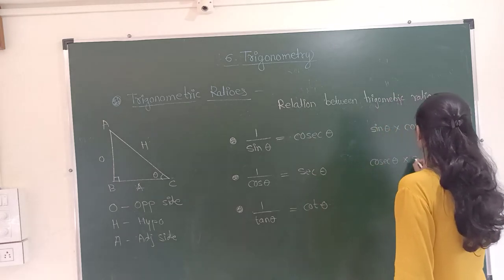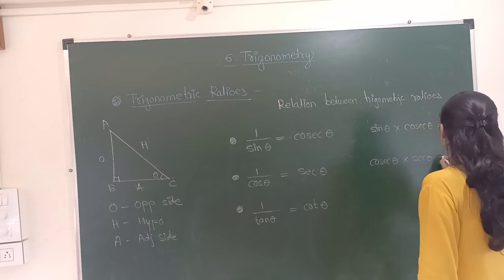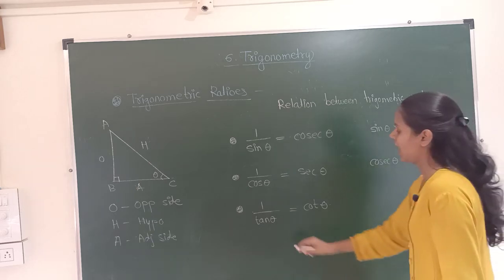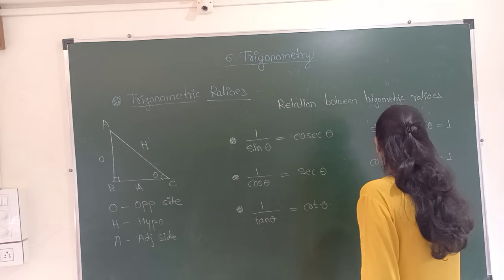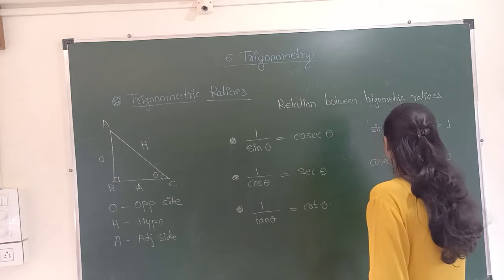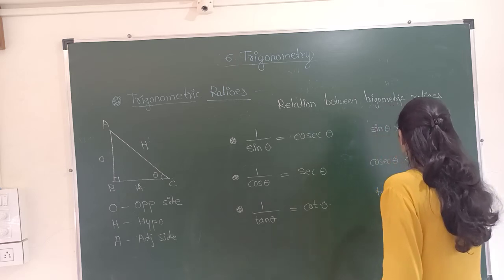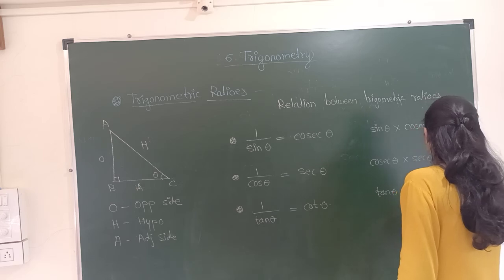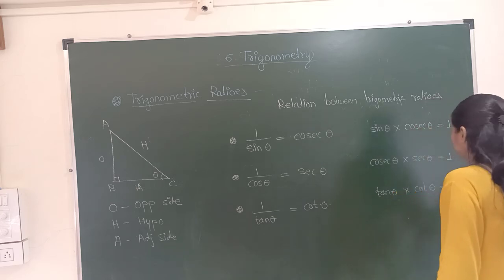Cosec theta into sec theta is equal to 1, and tan theta into cot theta is equal to 1.